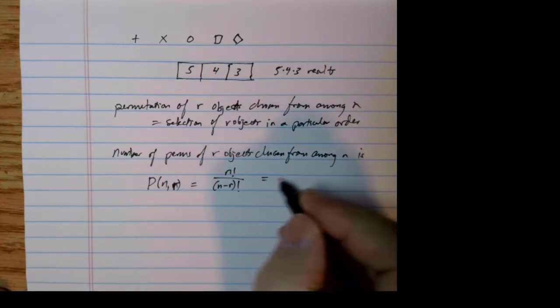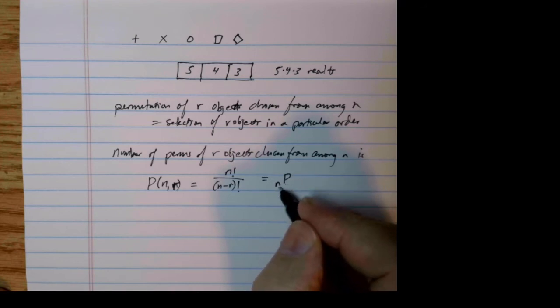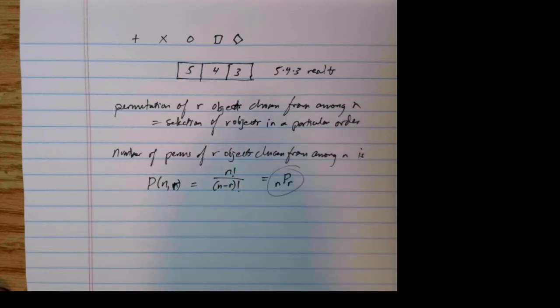That can also be written this way, N, a little subscripted N, and then a P, and a little subscripted R. This is the way your calculator will write it. Okay.